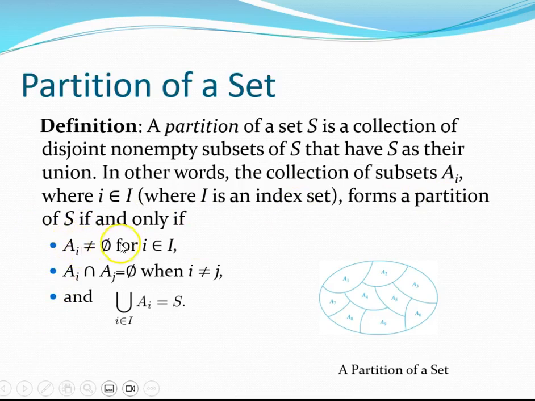Each A sub i is not empty. Two different indexes produce disjoint subsets A sub i and A sub j, so the intersection is empty. And the union of all different subsets is equal to the whole set S.